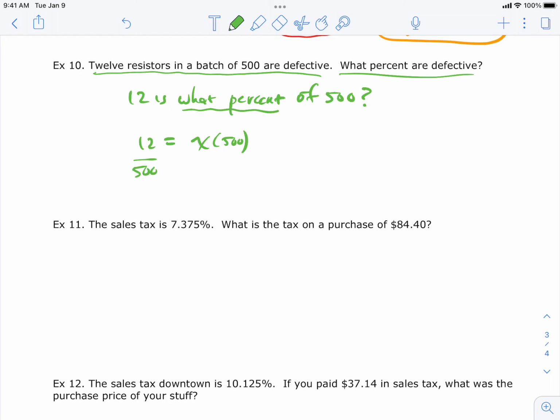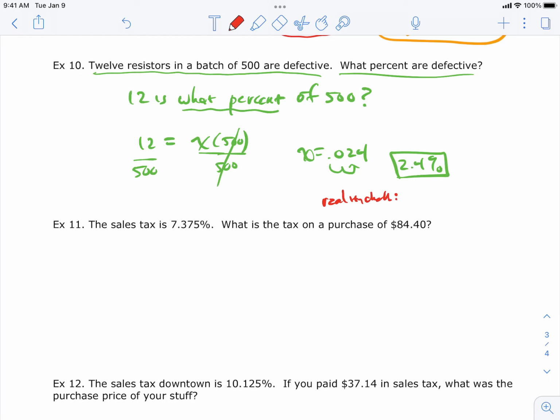Divide both sides by 500. Also cool. 12 divided by 500 is, boom, 0.024. Which is the decimal. So again, as a percent, 2.4%. 12 resistors is about 2.4%.